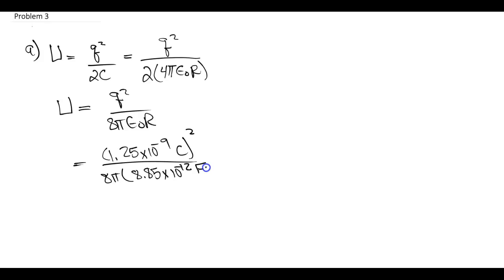One of the ways you can represent this is as farads per meter, times the radius, which is given as 0.0685 meters. If we multiply this, we get about 1.03 times 10 to the minus 7th joules.